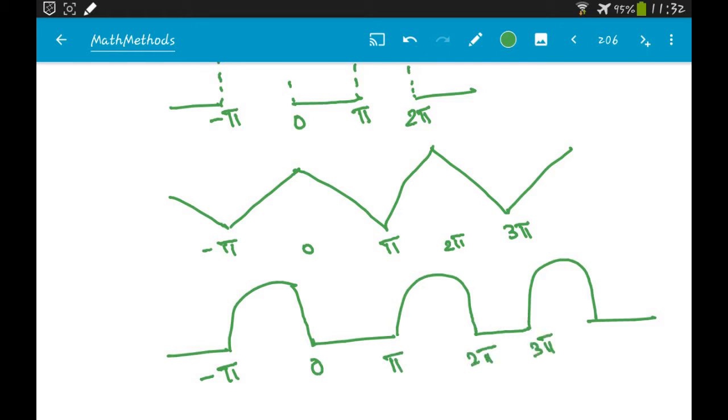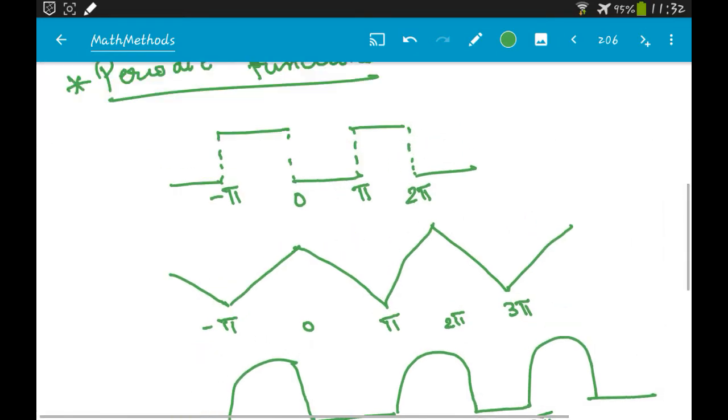Okay, alright. So what is the period of this function? So the way you calculate period is, when does the function come back to the similar point from where it will repeat its pattern. Okay, so from this point it will start to repeat its pattern, right? It will again go up. Okay, so this period is 2 pi. And here if you see, when does it start to repeat its pattern?